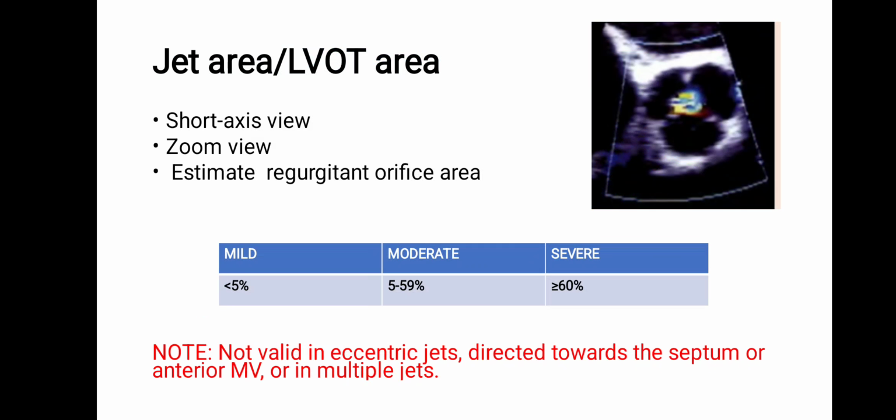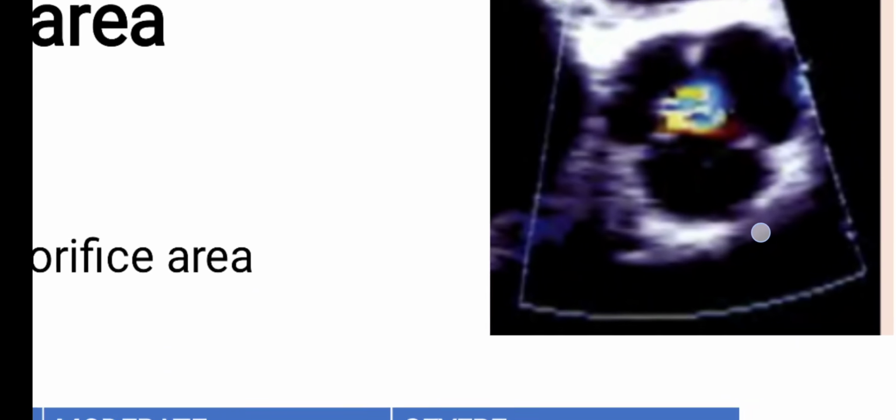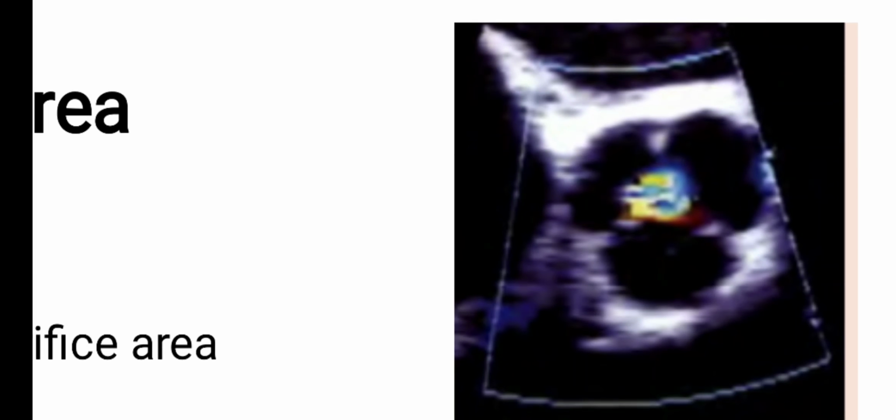Then next one is jet area by LVOT area. The jet area by LVOT area is measured in the short axis view in the zoomed view, which estimates the regurgitation orifice area. Look, this is the short axis view and this is the regurgitation area.